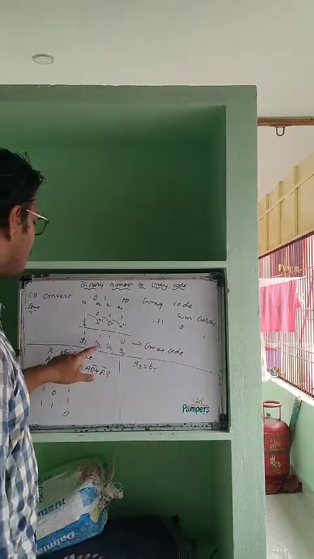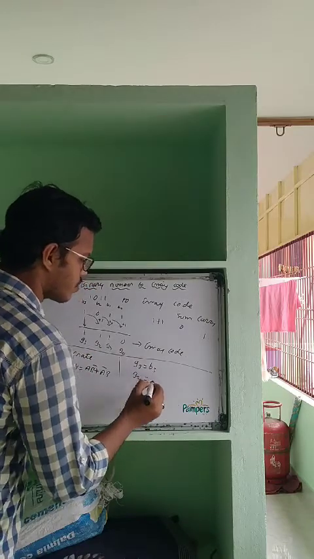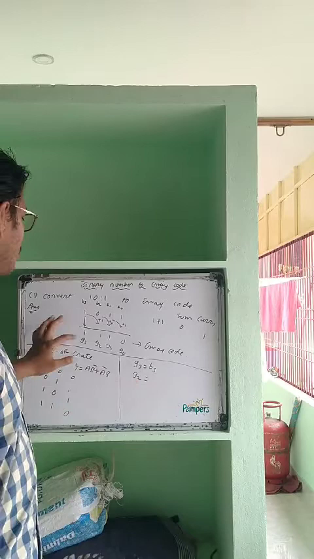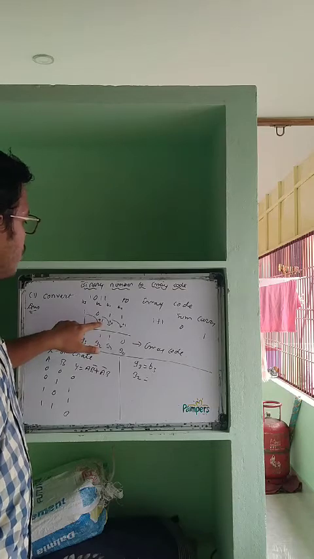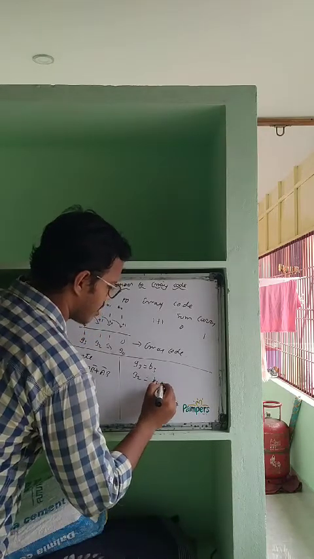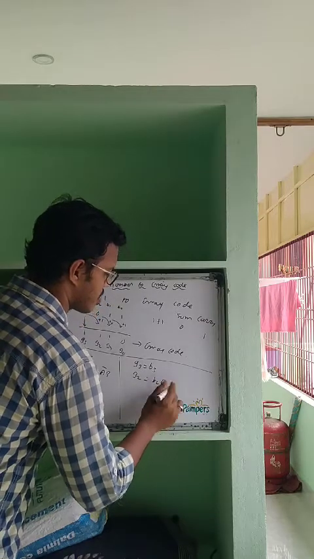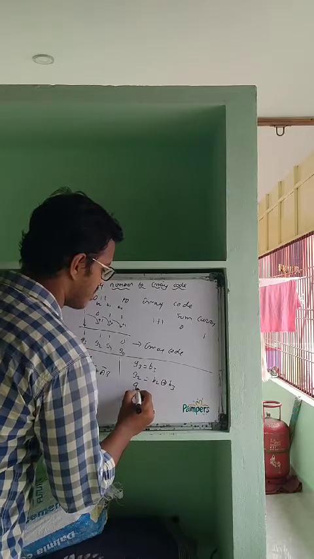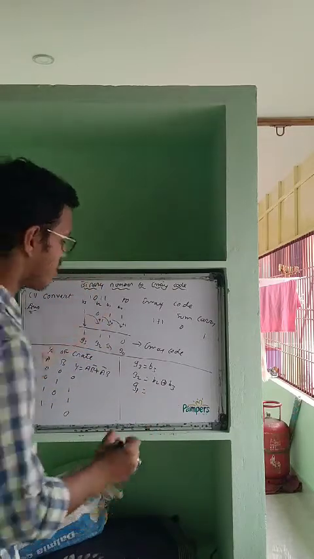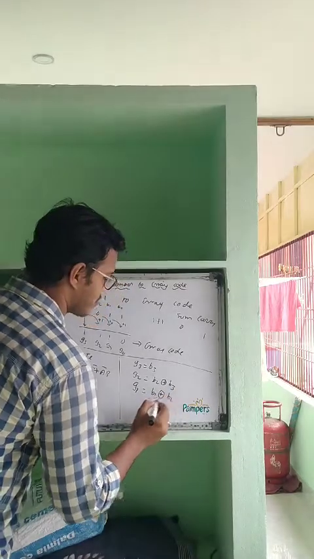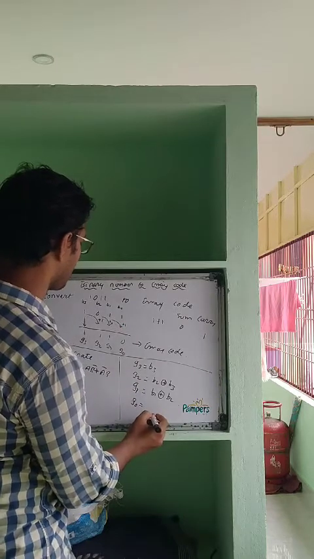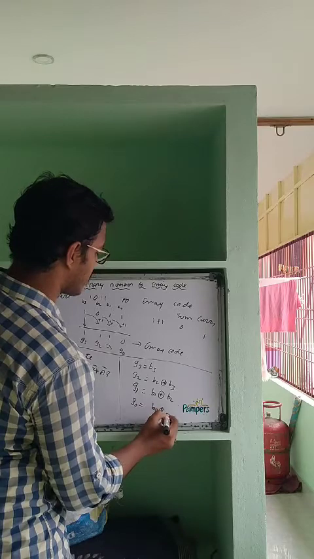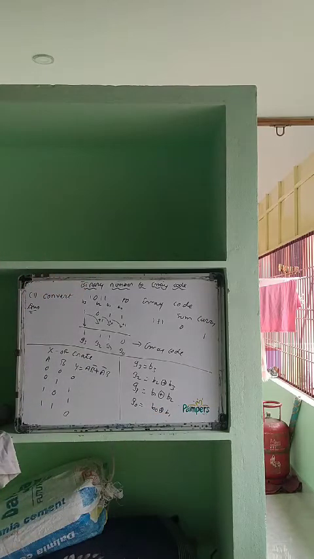Next, to get the value of G2: B2 XOR B3. G1 is B1 XOR B2. G0 is B0 XOR B1.